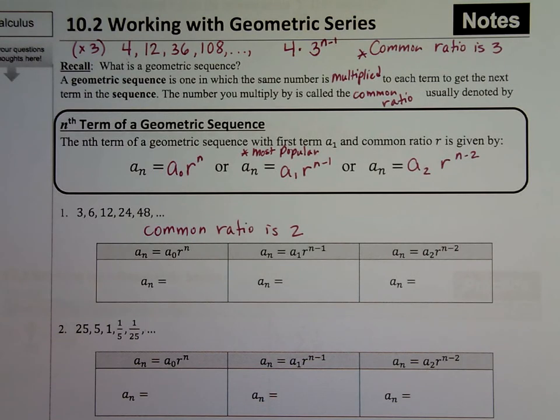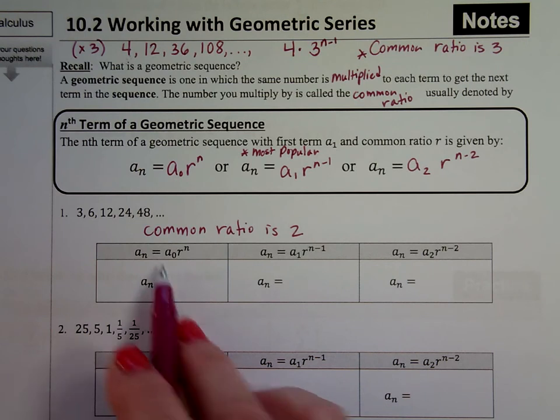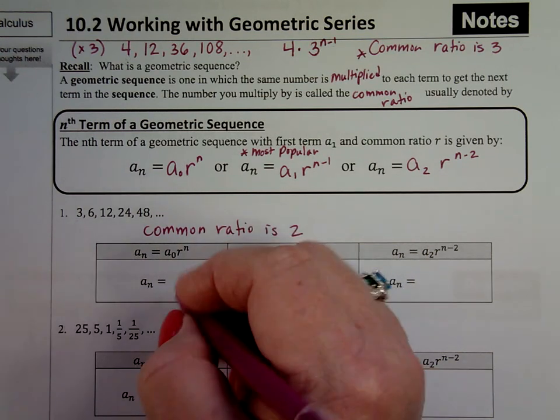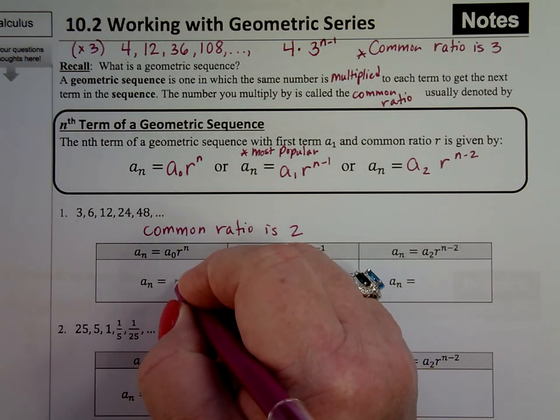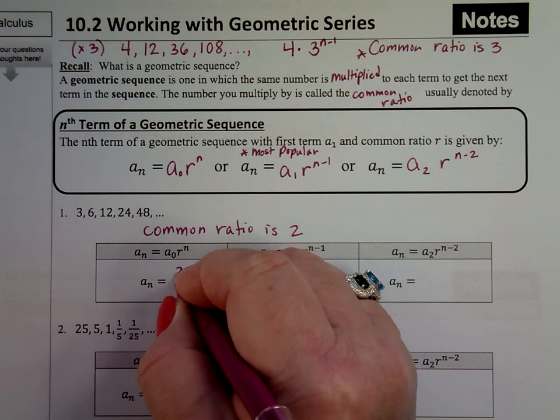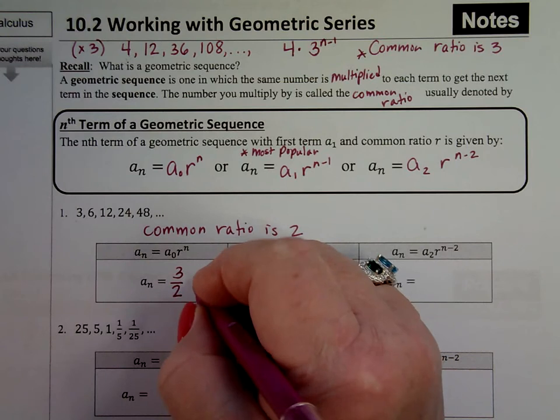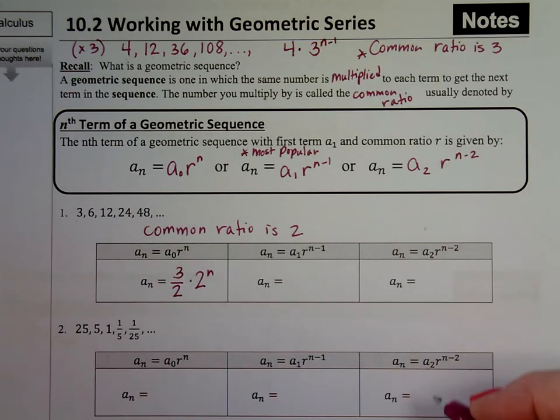So what does that make each term? Well, my a sub 0 would be the first term, 3, divided by my common ratio, because I have to go back 1, times 2 to the n.